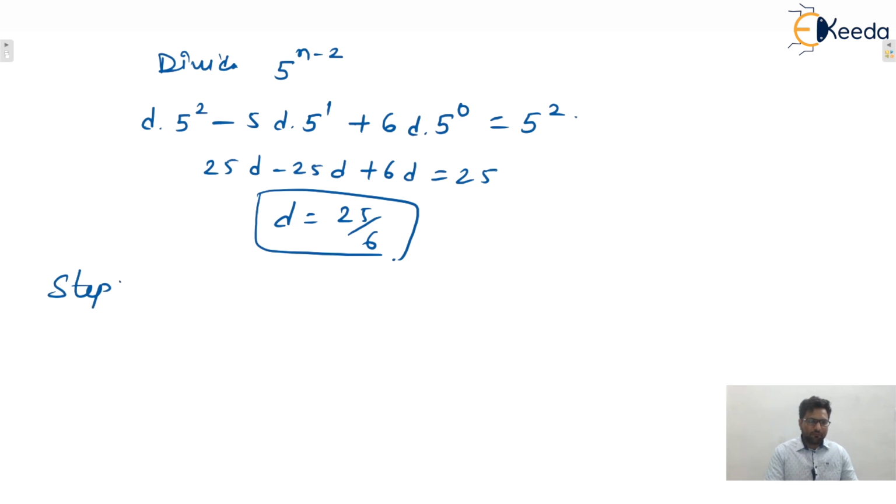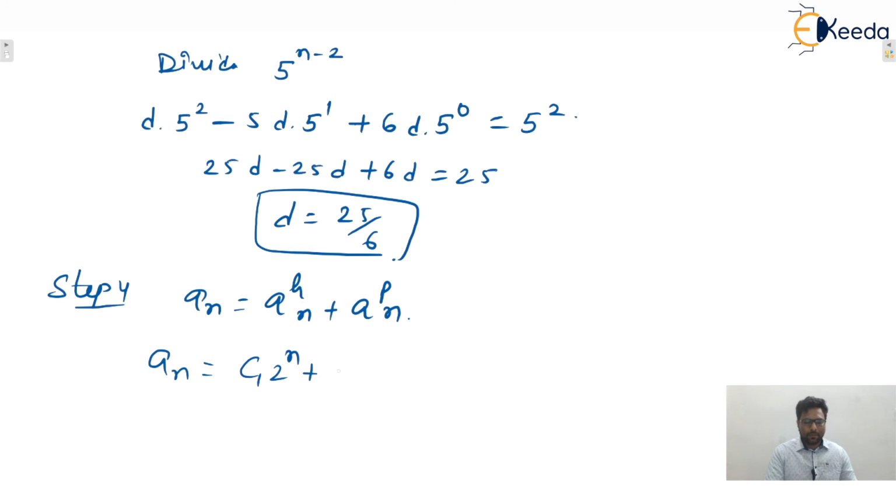And what will be step 4? Step 4 is to add both the solutions, the homogeneous solution and the particular solution. The homogeneous solution was C1 into 2 raised to power n plus C2 into 3 raised to power n, and the particular solution is d into a raised to power n.